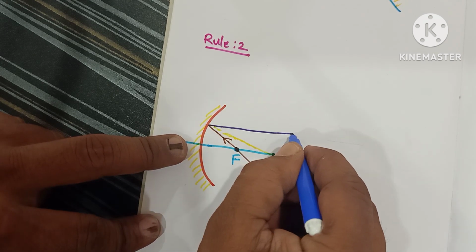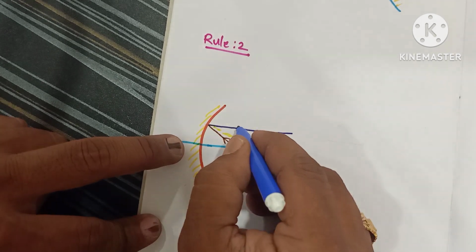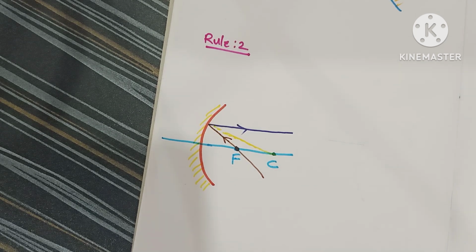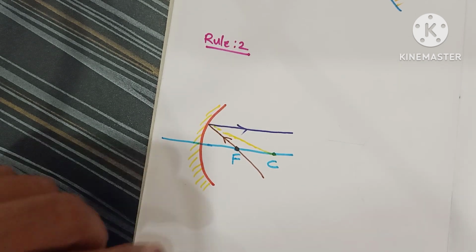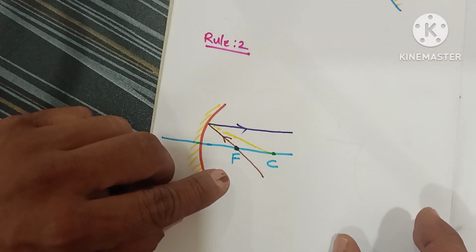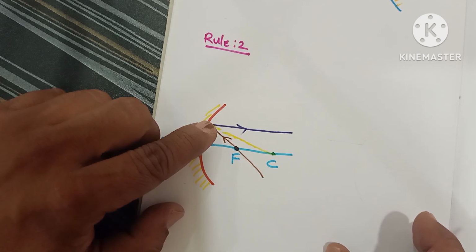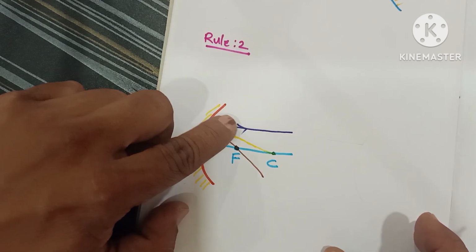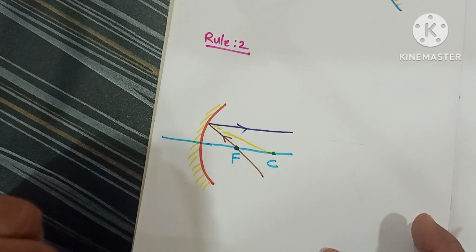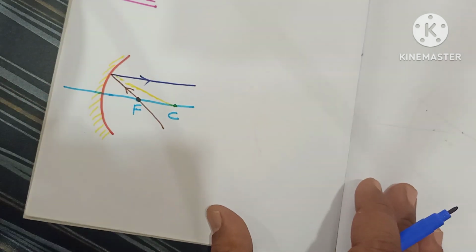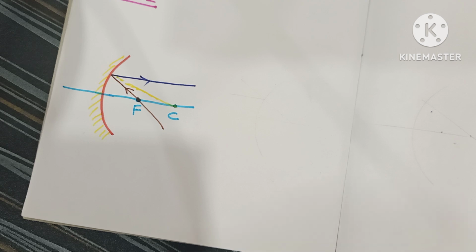Now this reflected ray is observed to be parallel to the principal axis. Now how can we conclude? A ray that passes through the focal point of the mirror will travel parallel to the principal axis after reflection. Okay, we need to write like this in the exam.